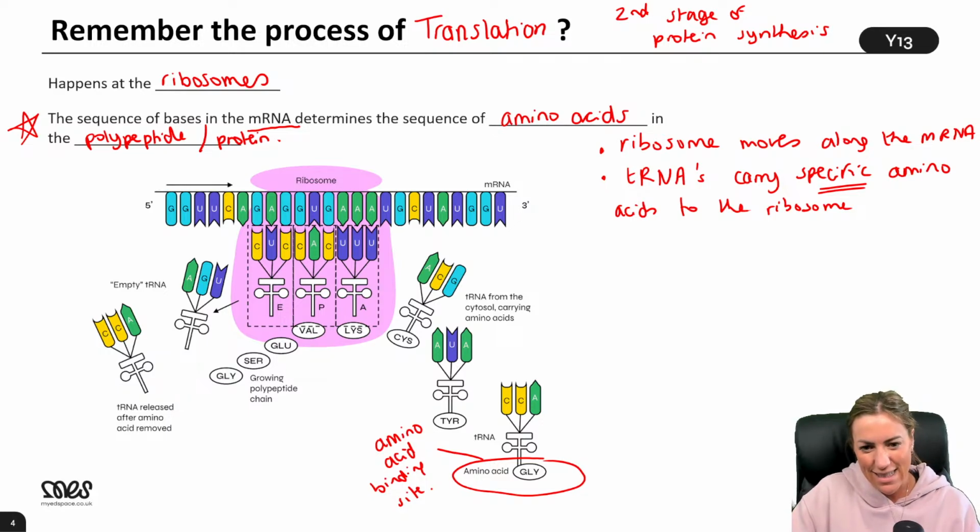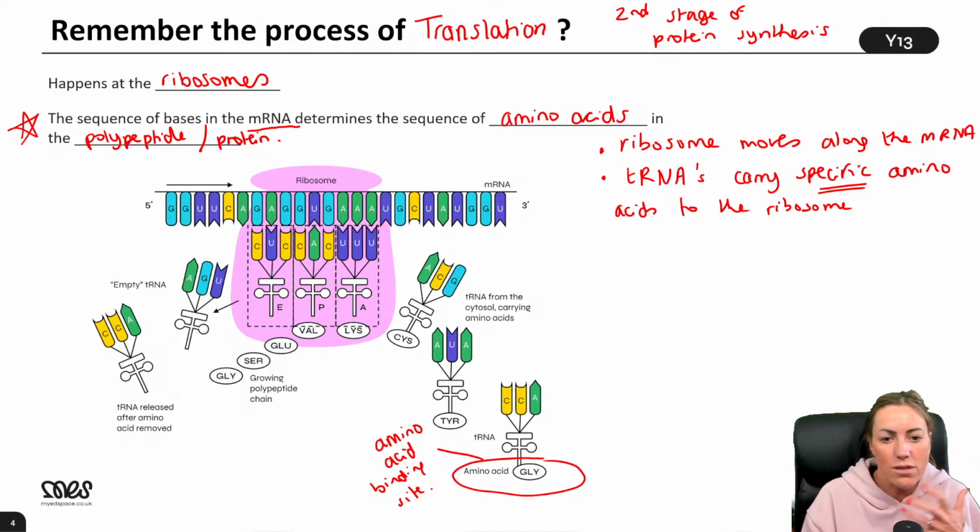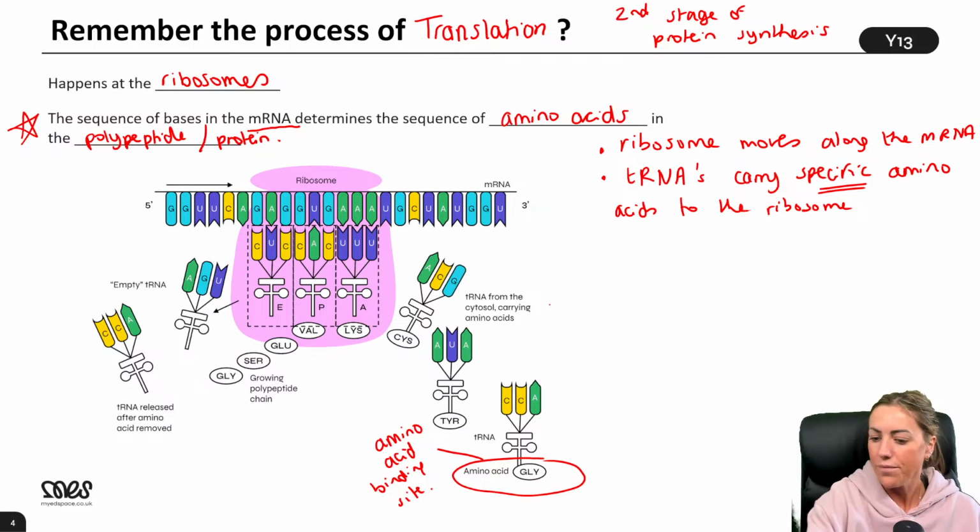This is what I would write for a 6 marker. Obviously, with 5 and 6 markers, there's sometimes alternate marks that you can get. There might be 7 or 8 marking points, but I'm trying to put together a decent 5 or 6 marker. So we've got ribosome moves along the mRNA. The tRNAs carry specific amino acids to the ribosome.